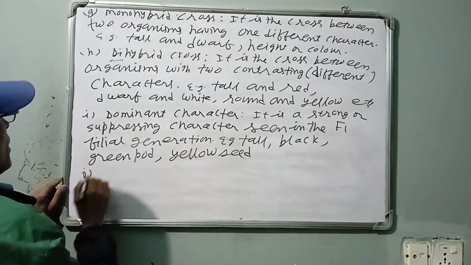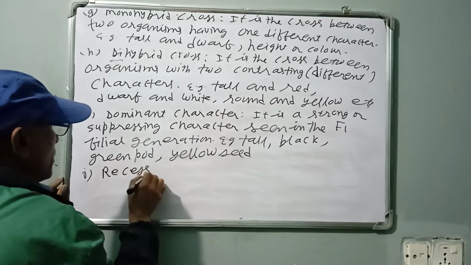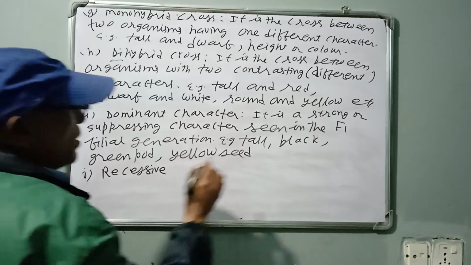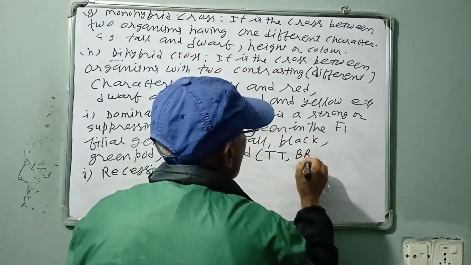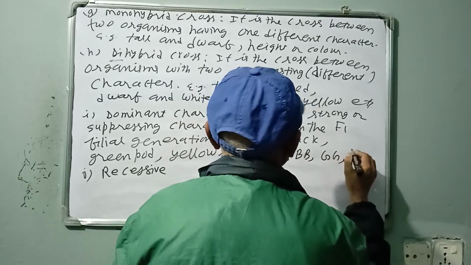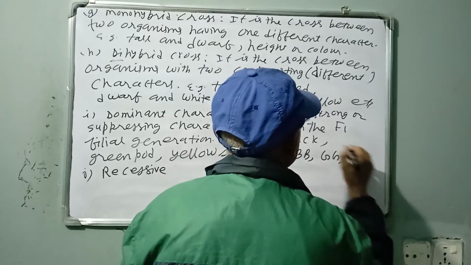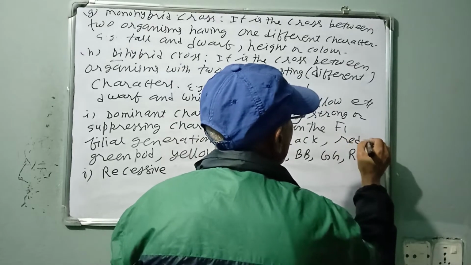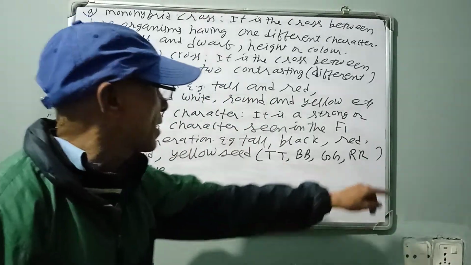Dominant character, recessive character. It is generally denoted by capital letters: TT, BB, GG, RR.